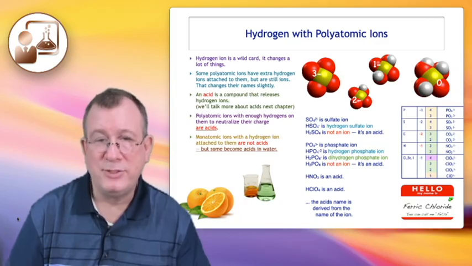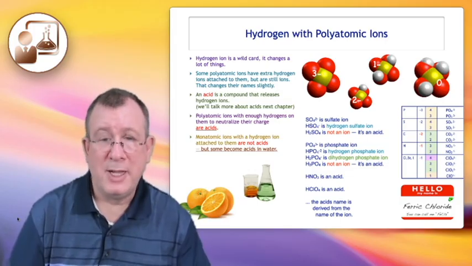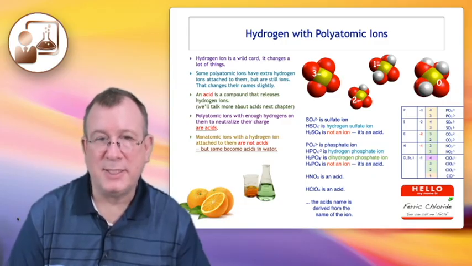That's the hydrogen sulfate ion. But if I stick a second H+ on it, H2SO4 neutral, now it becomes an acid called sulfuric acid. And this one's a bear. This is one of the more dangerous acids.